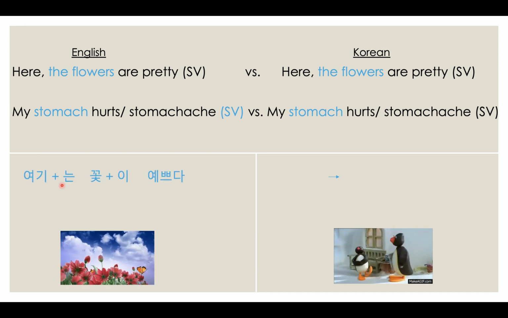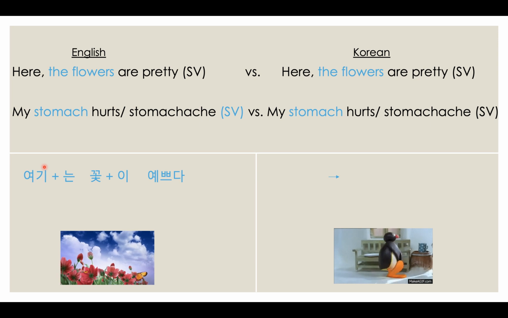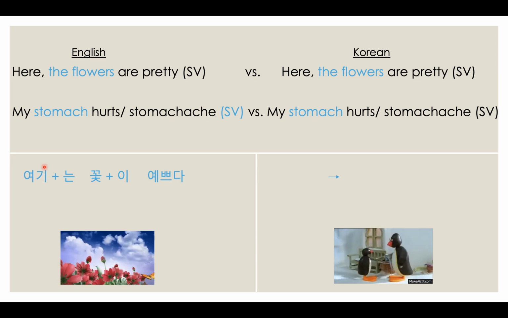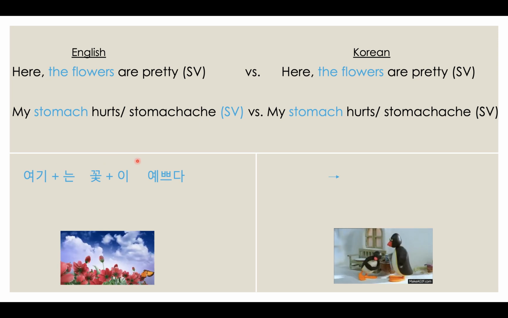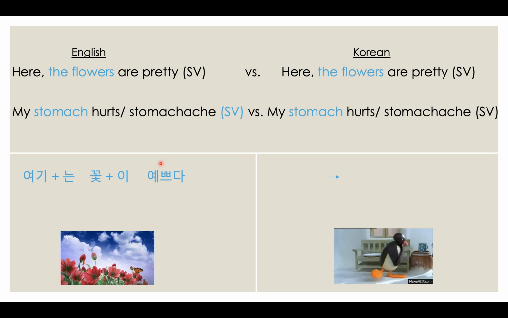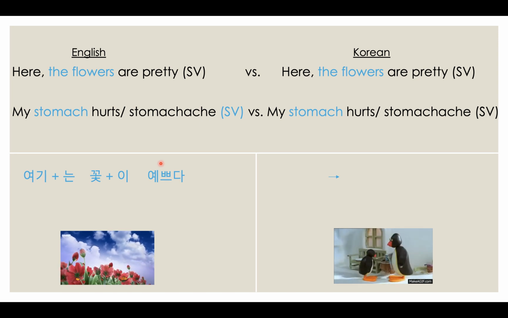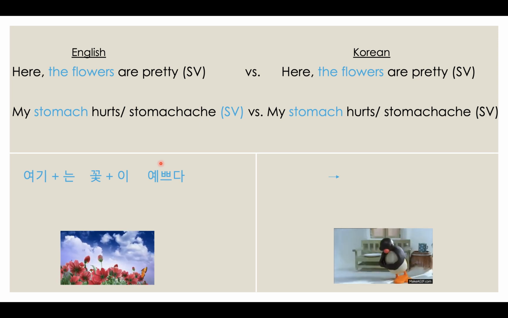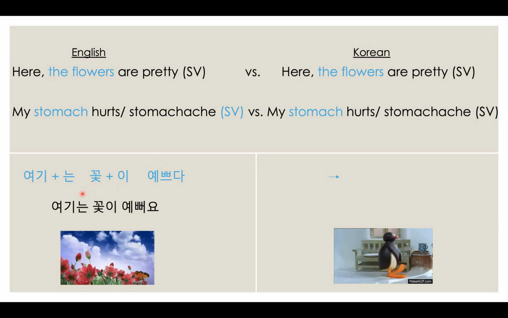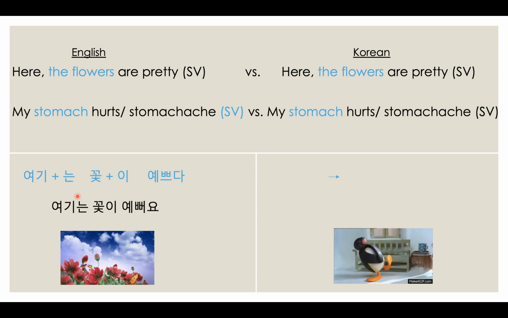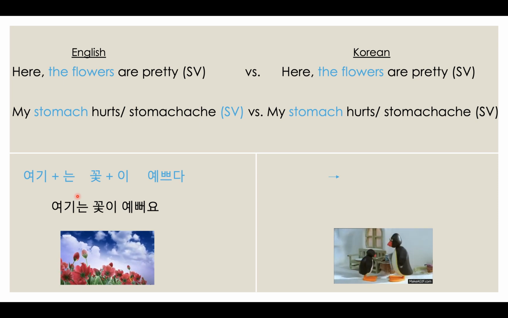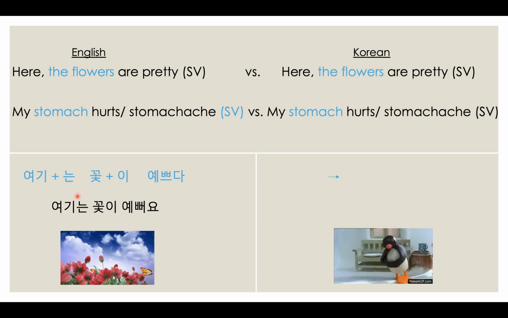Down here at the bottom left, 여기. 여기 is here, plus 는. 꽃, flower, 꽃이, 예쁘다, to be pretty. So put together, 여기는 꽃이 예뻐요. 여기는, as for here, 꽃이, the flowers, 예뻐요, are pretty.